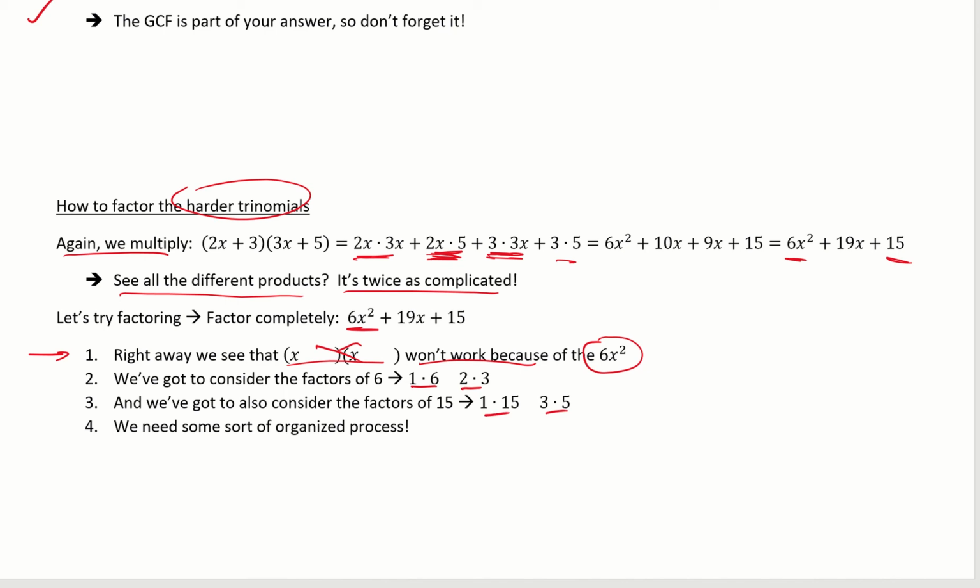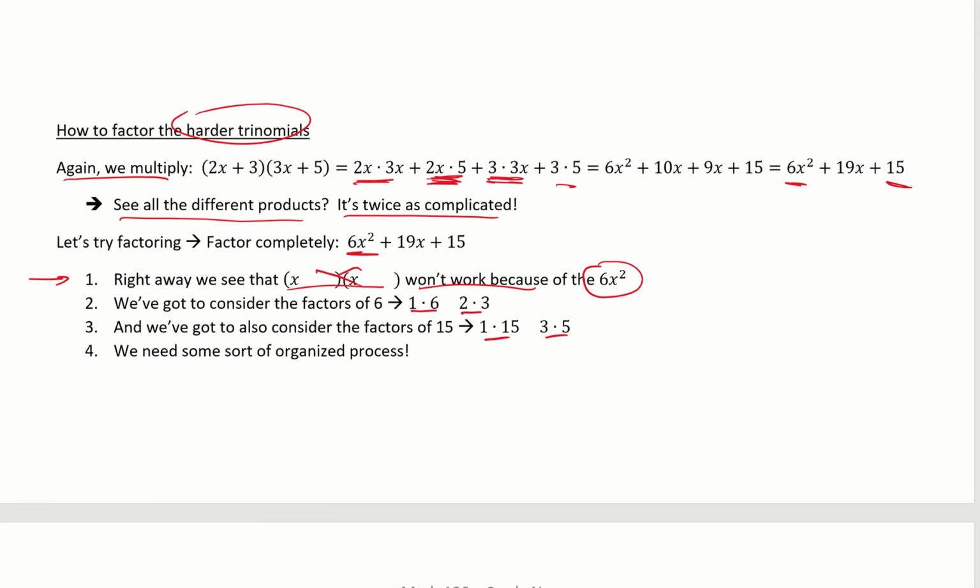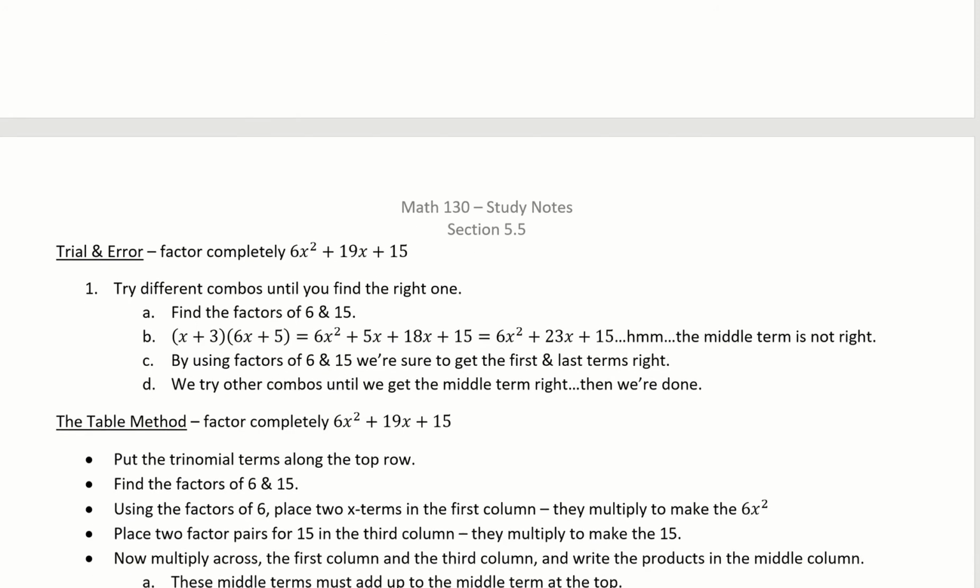In this video, I show you trial and error, which is how I was trained to do it. I show you a table method that I kind of invented. And finally, I show you the X method, which I think a lot of students were trained to do. I'm going to show you that, but then after it, I'm just going to go with trial and error or something called spaghetti.